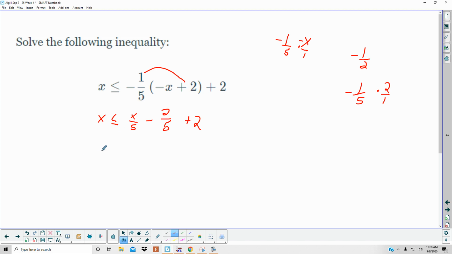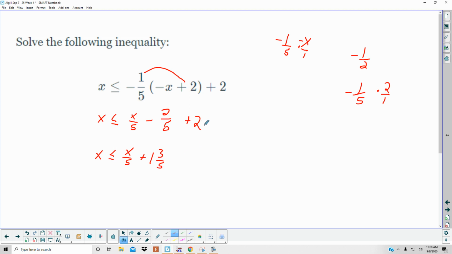Okay. So I have x less than or equal to x over 5, negative 2/5 plus 2. Negative 2/5 plus 2, it would be positive 1 3/5.